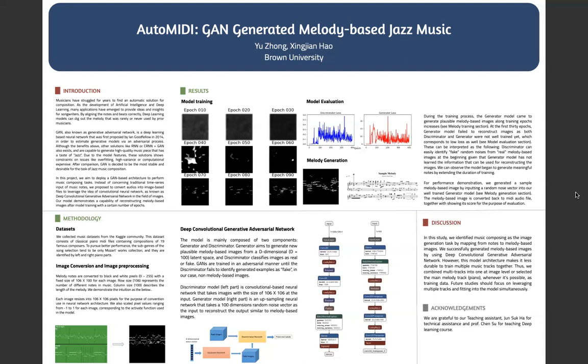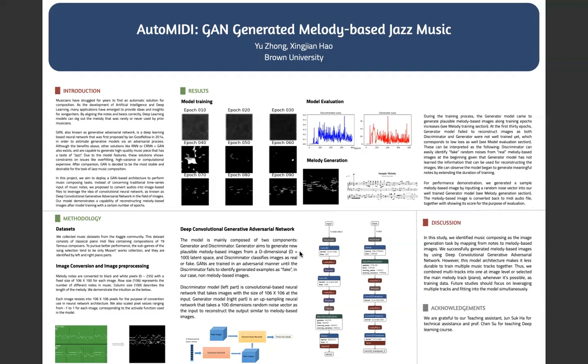Okay, so the model architecture we're using in our project is a kind of deep convolutional generative adversarial neural network. And our model mainly consists of two components, generator and discriminator. The generator is trying to generate new plausible melody-based images from a d-dimensional random noise vector.